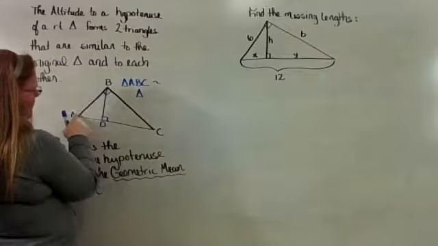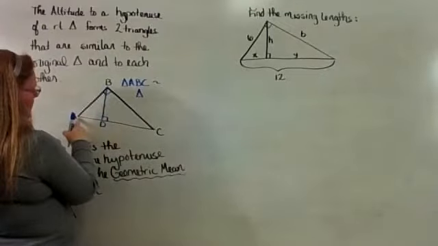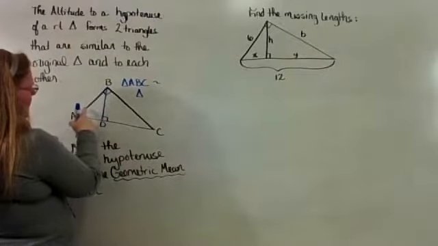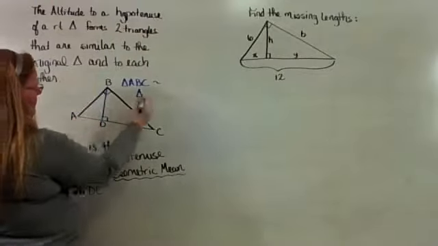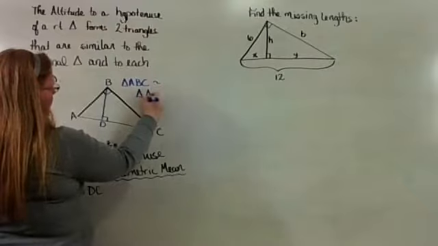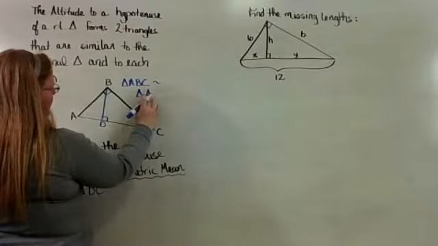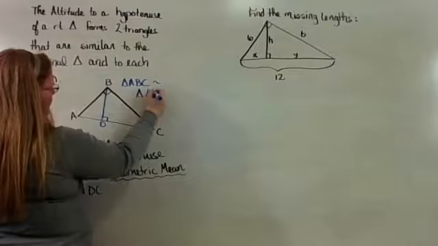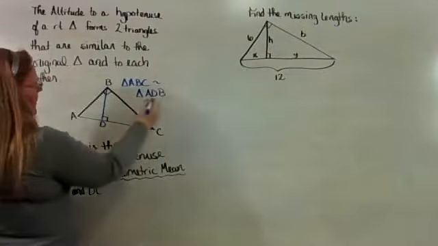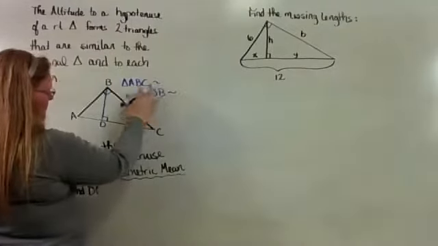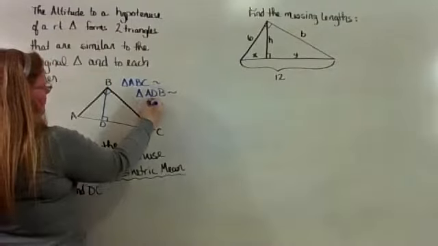I went from my small angle out of my big triangle. So I need to talk about my small angle out of my little triangle, and they happen to be the same. So it's going to be similar to triangle ADB. And that's going to be similar, because they're all similar, to triangle.